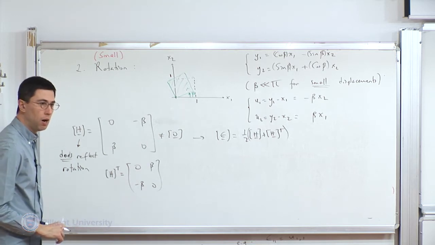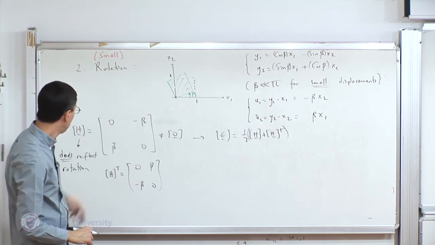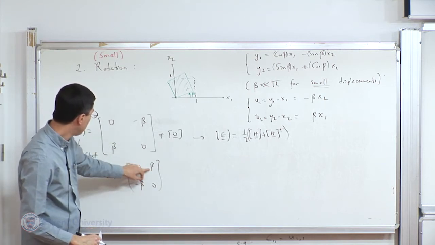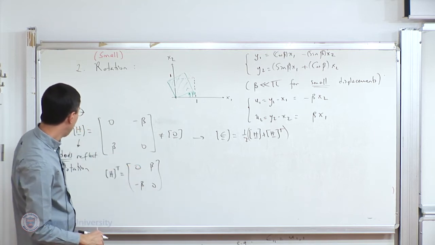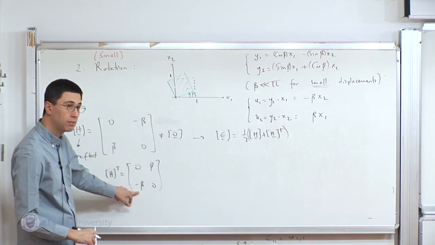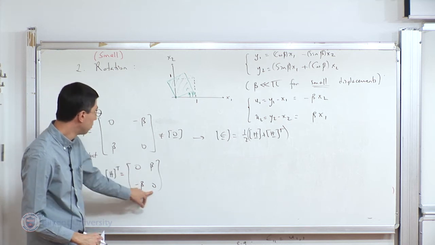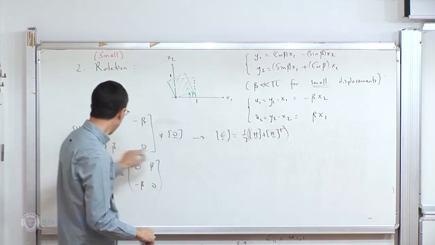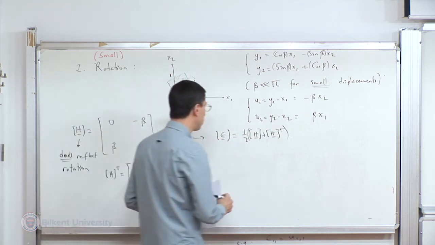Okay, so now I sum up simply the entries. The first entry is 0. The second entry, minus beta plus beta, is also 0. And then we have beta minus beta, also 0, and 0. So epsilon is perfectly 0. H is not 0, but epsilon is 0.